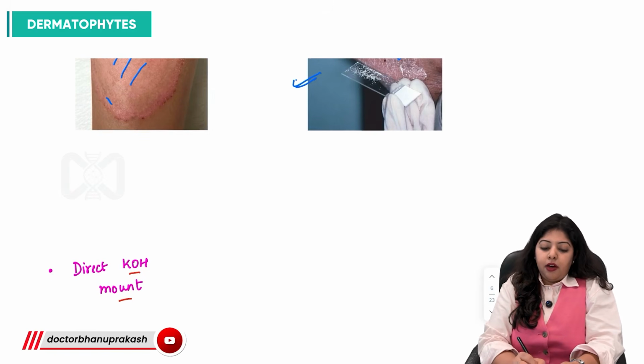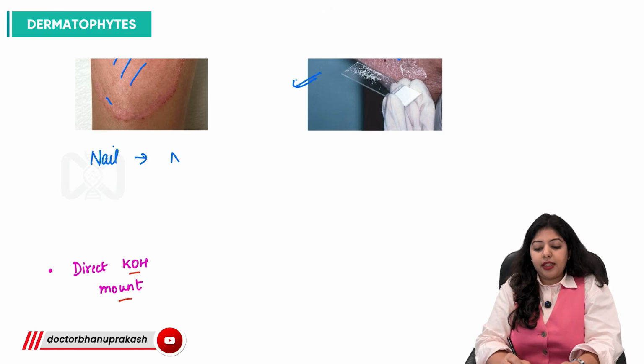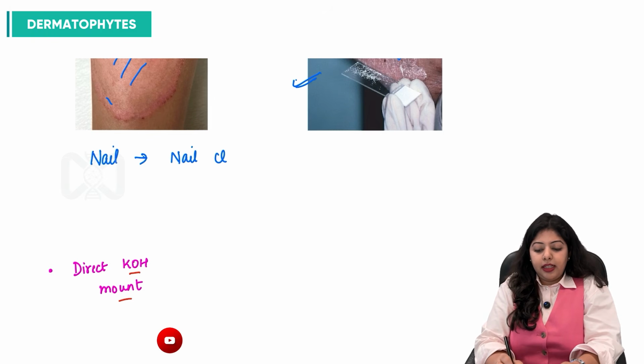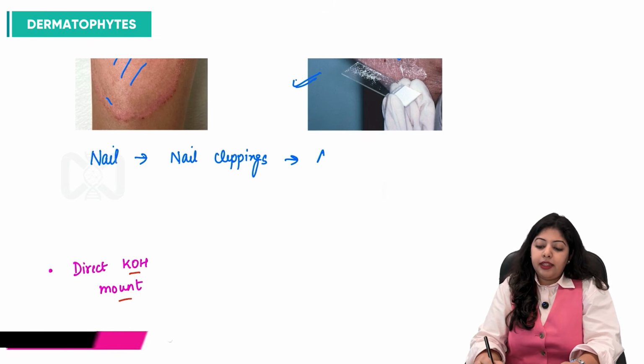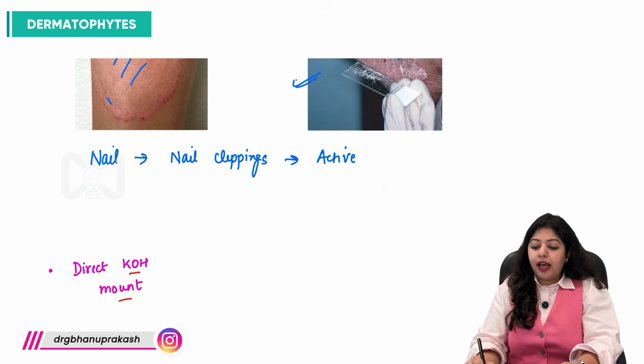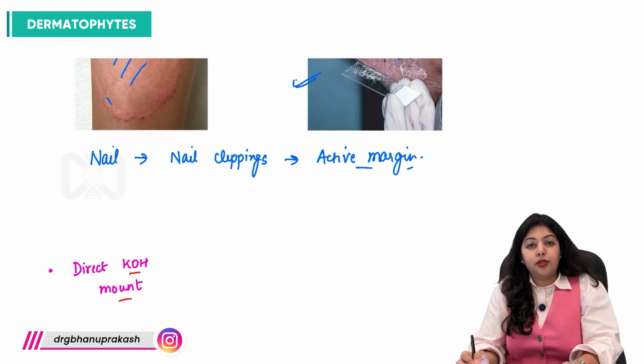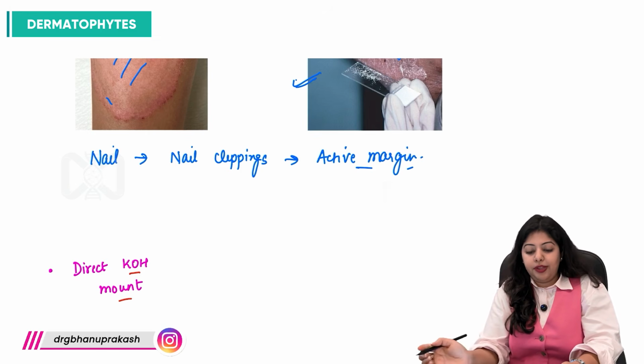And then for nail, we require nail clippings. Nail clippings from the active margins of the lesions, or where the nail portion is affected with the different types of dermatophytes.